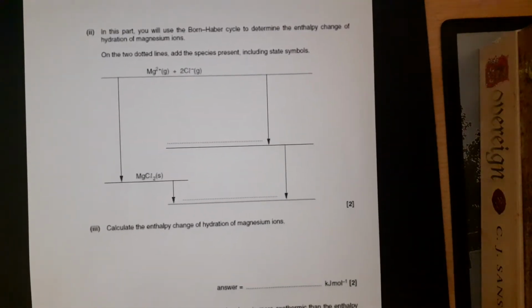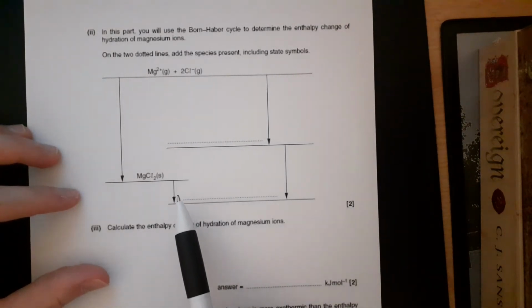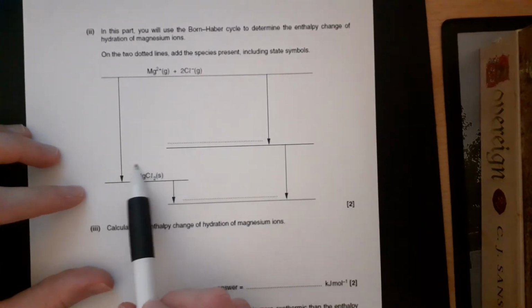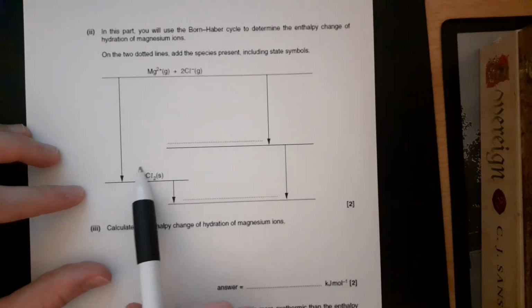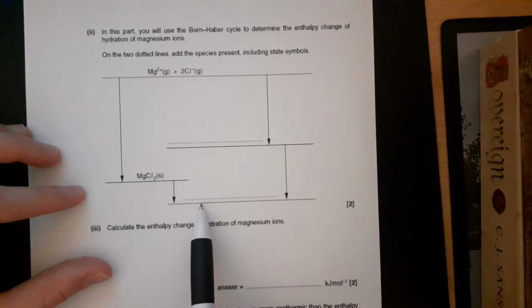Right, we then have our actual Born-Haber cycle, and it wants us to fill in the gaps here. So what's going on here then? This process here is our enthalpy of solution. We're starting with our solid ionic lattice. Enthalpy of solution is when you take your lattice and you dissolve it in water, and so you end up with aqueous ions.